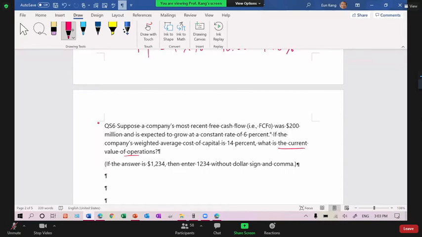The current value of operation is just constant growth. So value of operation equals free cash flow, $200, times 1.06 constant growth, over 0.14 minus 0.06.